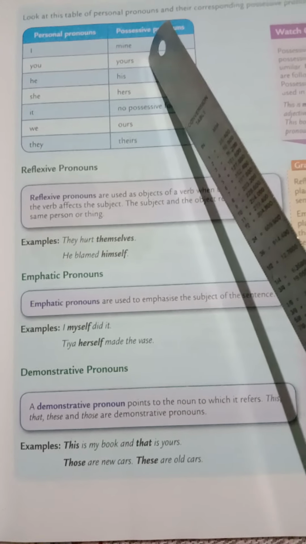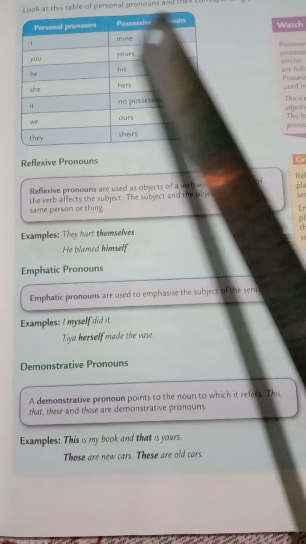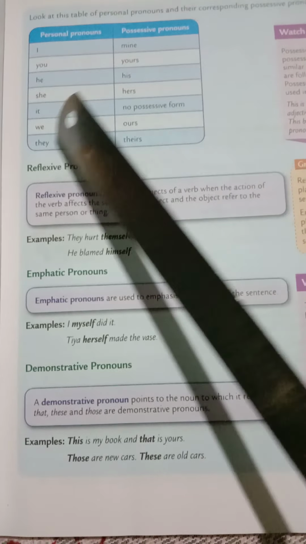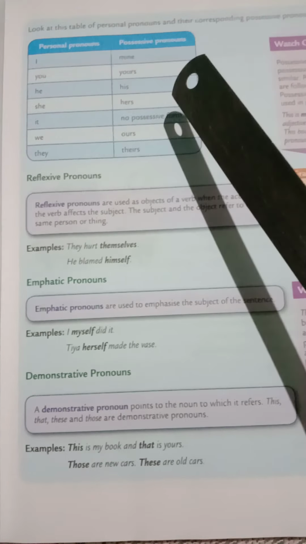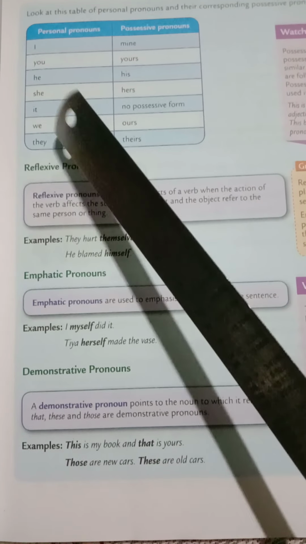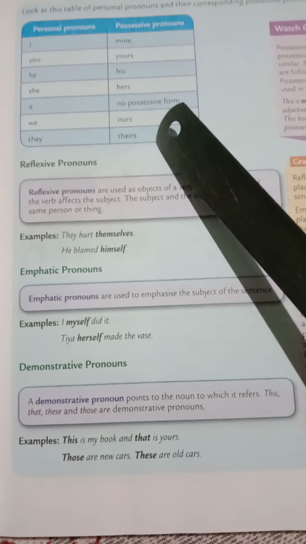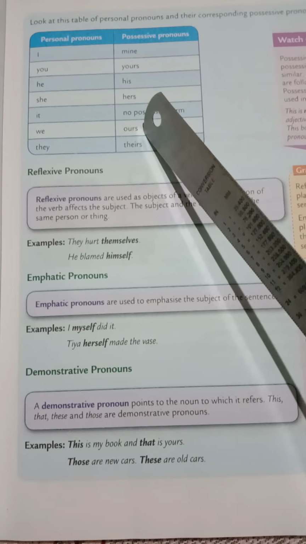I will become mine in possessive pronoun, and personal pronoun you will become yours. Personal pronoun he will become his, she will become hers, and it will remain the same, it, because there is no possessive form of it. The possessive form of we is ours, they is theirs. Hope you are understanding what I am explaining to you, right?